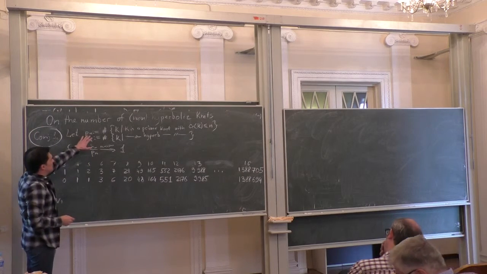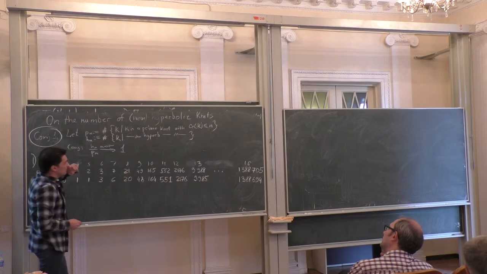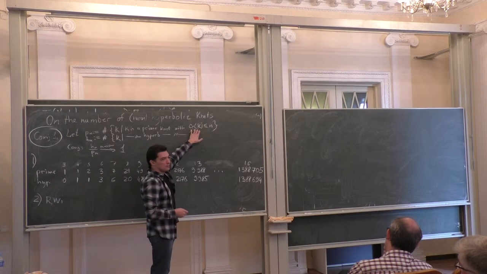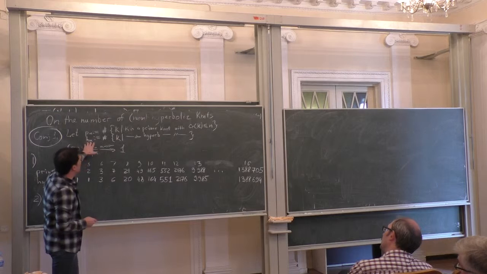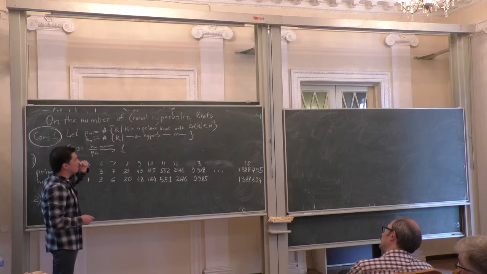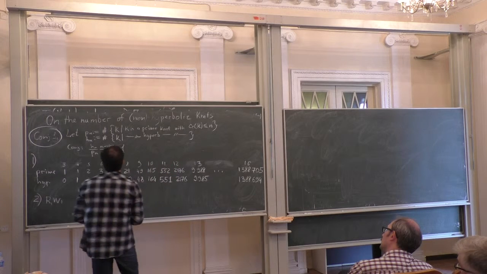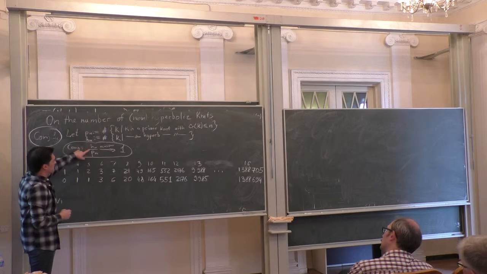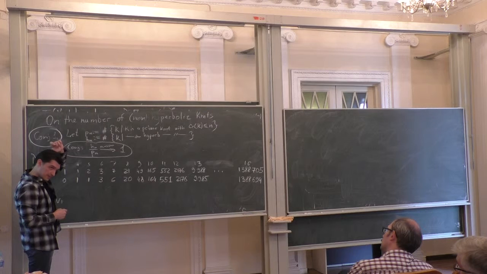Denote by Pn the number of prime knots with at most n crossings, this is the number of crossings in a minimal diagram, and let Hn be the number of hyperbolic knots with at most n crossings. The conjecture says that this proportion Hn over Pn goes to 1 when n goes to infinity.